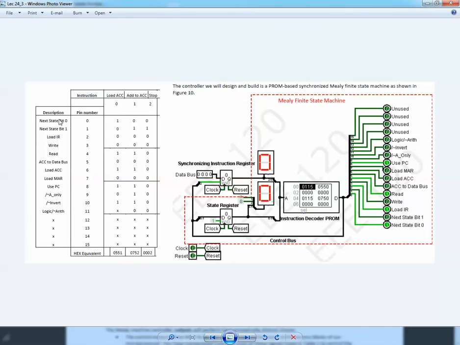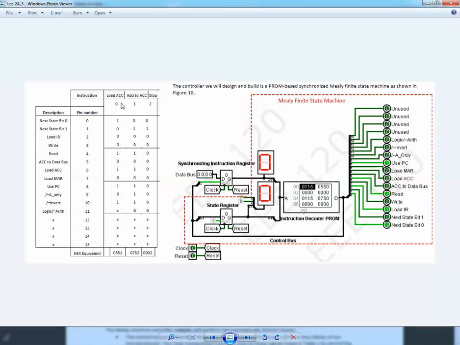The next bit, of course, as expected, 0, 1 when we are in state 0, and then when we are in state 1 we go to state 2, and when we are in state 2 we remain at state 2 because it is a stop state basically, we want to stop. This is why it is kind of a halt, and you will not be able to go out of this state unless you reset the machine again, which is basically the implementation of a stop signal.